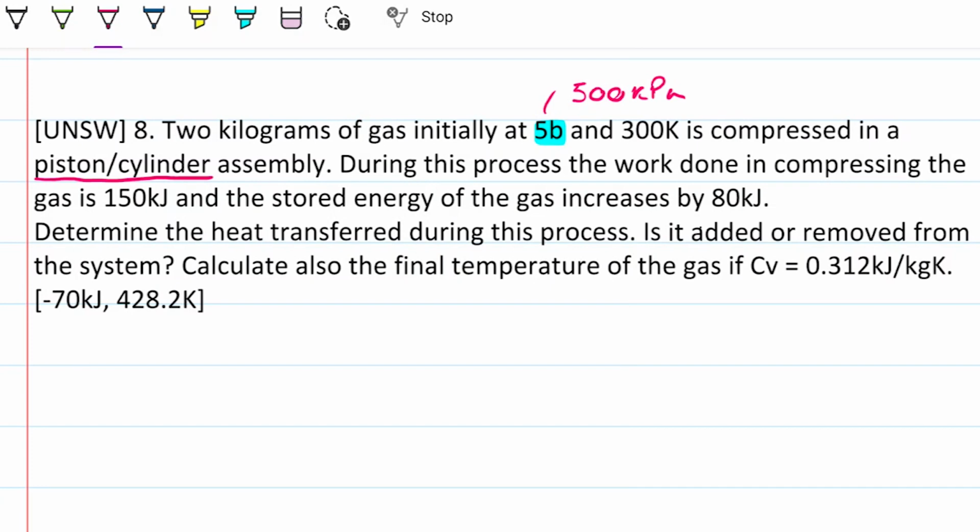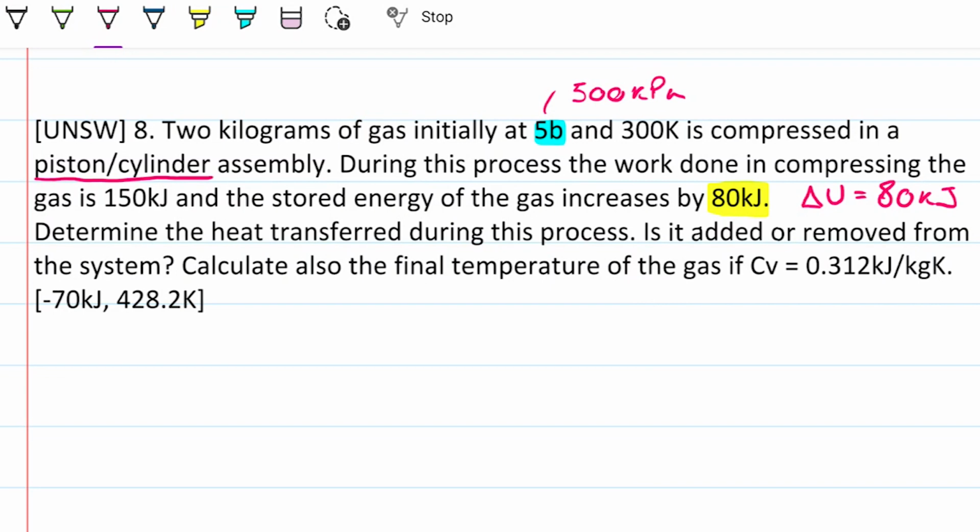We're putting in 150 kilojoules of work and storing 80 kilojoules. If the energy of the gas increases by 80 kilojoules, then delta U, the final minus the initial internal energy, is 80 kilojoules.